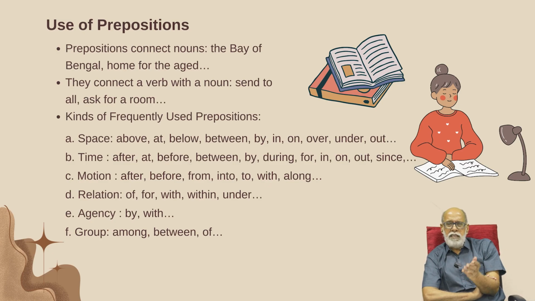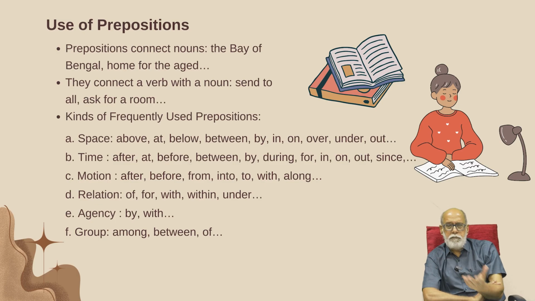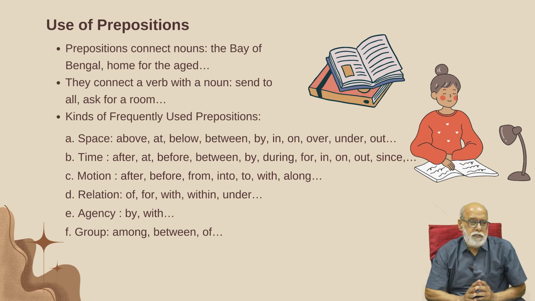Each of these words can be learned, the use of each of these words can be learned in no time because they have definite usage. It's only that one preposition can be used in more than one meaning, but they still have definite meanings. There are prepositions that indicate motion.